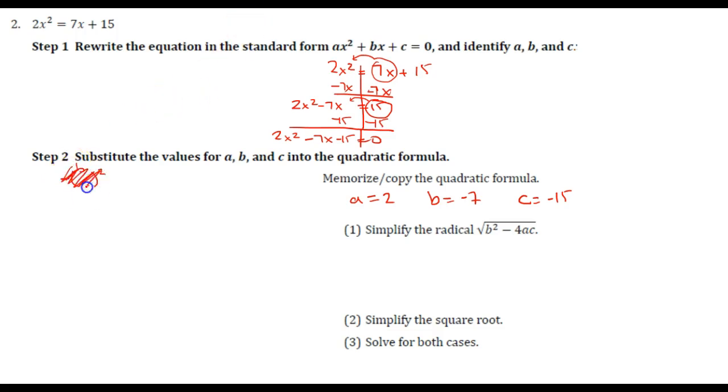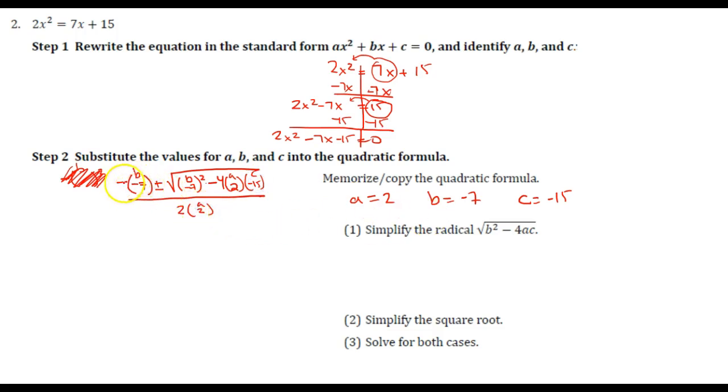So we're going to be doing our quadratic formula now. That would be the negative b value plus or minus square root of b squared minus 4 times ac all over 2a. So that would be negative 7, 2, negative 15, and 2.